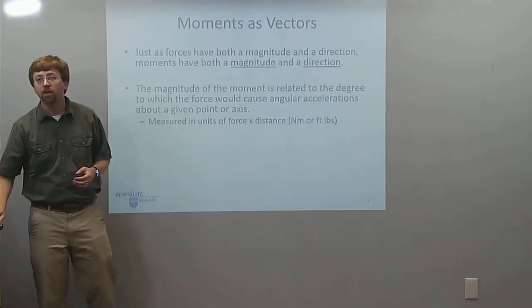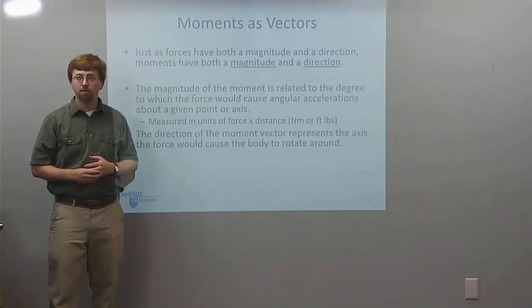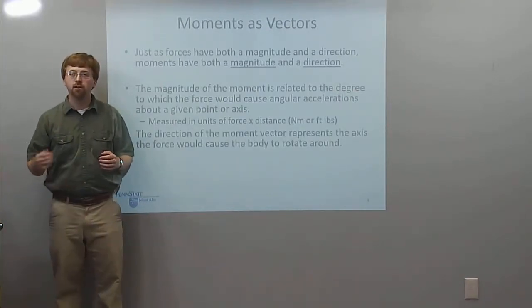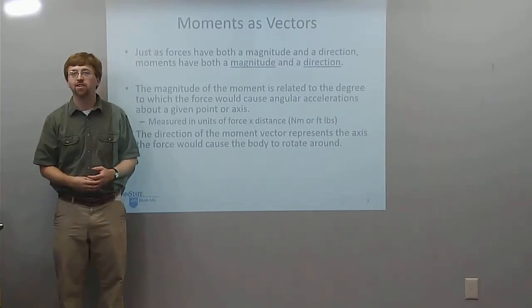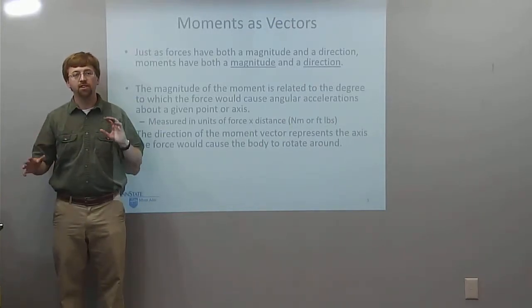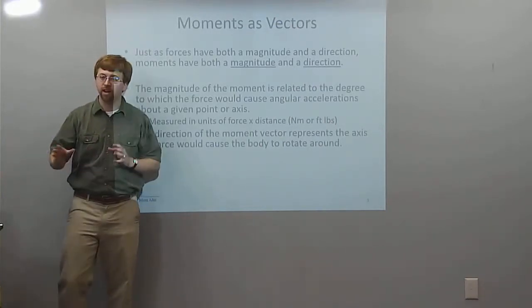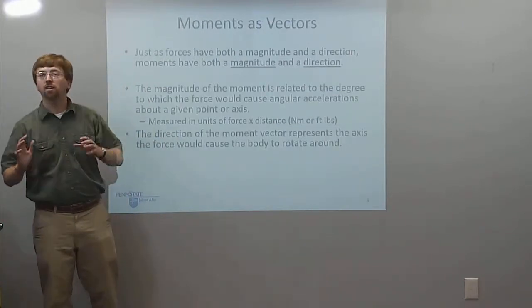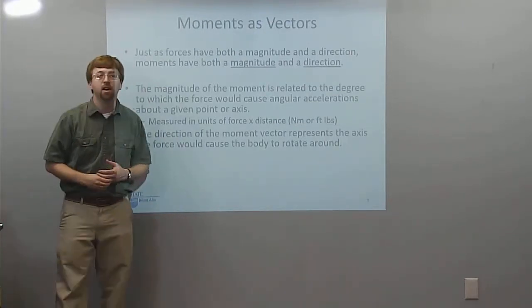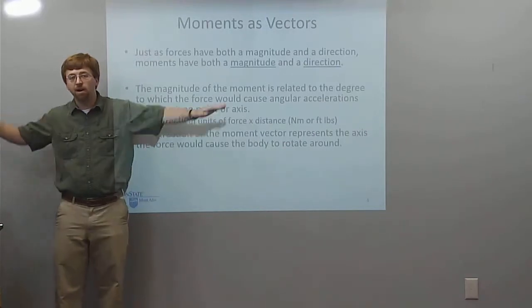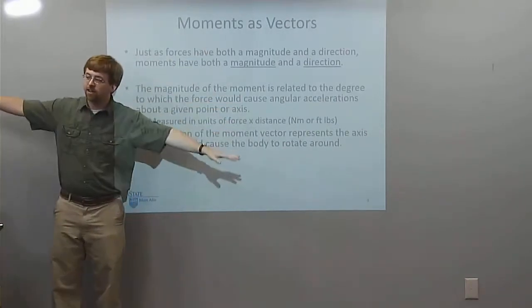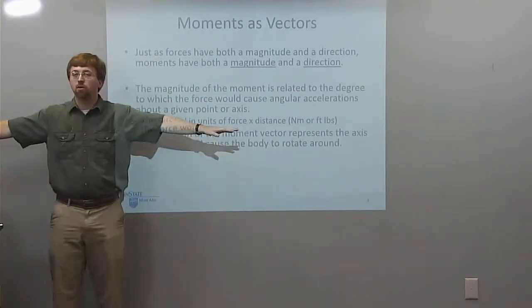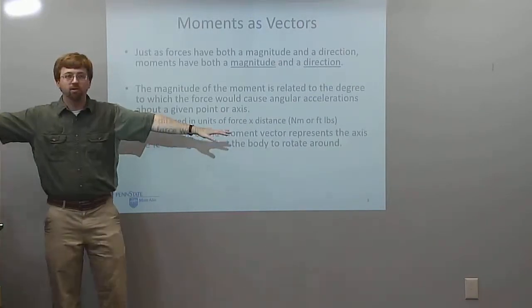All right, so the direction of the moment is represented by the axis of rotation. In 2D, things can rotate in only one of two ways: clockwise or counterclockwise. But in 3D, we can rotate forward and backward, we can rotate about our center.